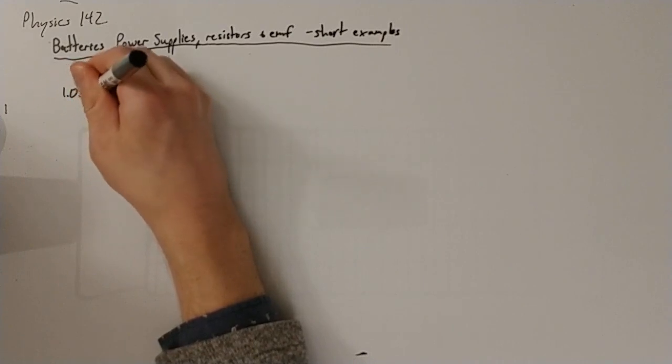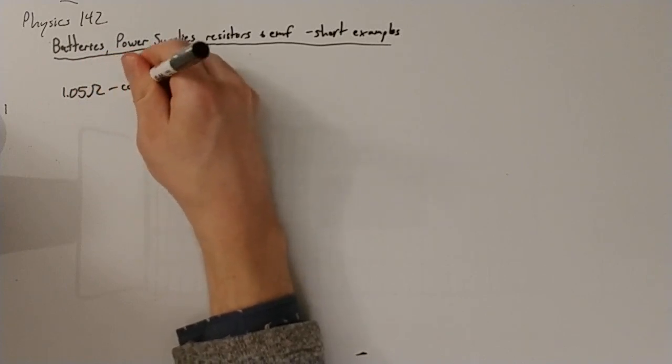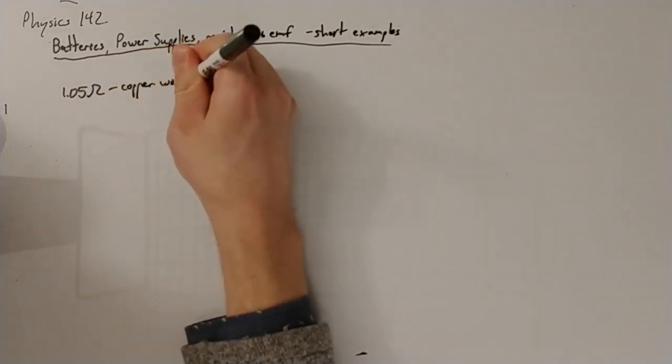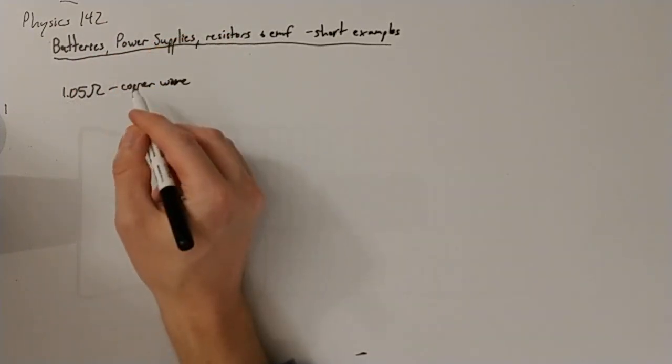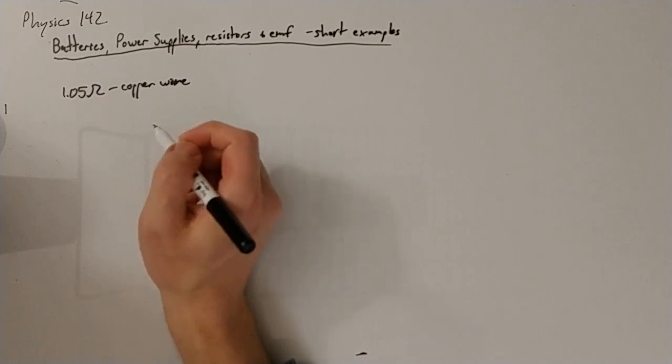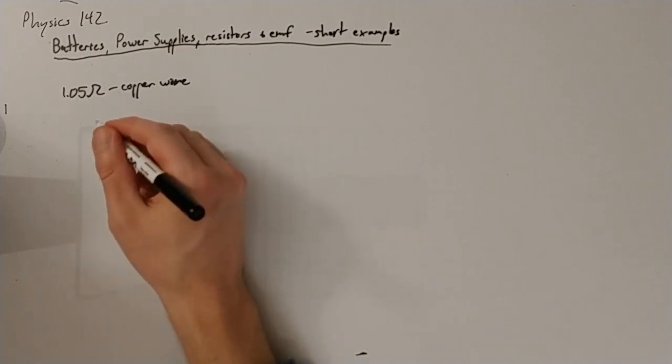That's a copper wire. I did an example in an earlier video where we calculated a copper wire that had that amount of resistance. And let's imagine then that the power supply supplies a certain amount of power.